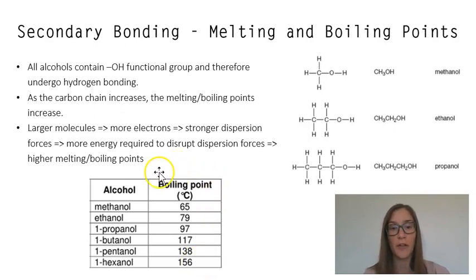Now, all of these molecules only have one hydroxy group. Therefore, the thing that is responsible for increasing these boiling points are the dispersion forces. This is because as you have a larger molecule, there will be more electrons in the molecule, so therefore it will undergo a stronger dispersion force. This means that more energy is required to disrupt these dispersion forces between the molecules, and you'll result in a higher melting or boiling point.